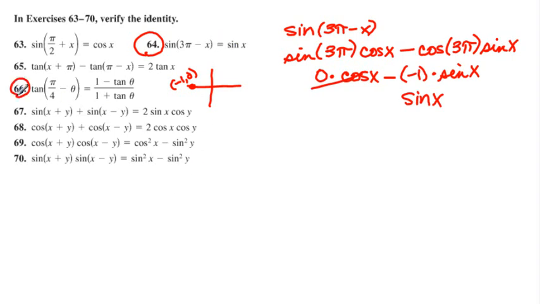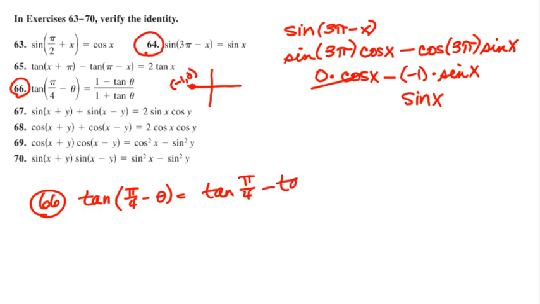Working with number 66, we have to use the expansion for the difference of a tangent. Tangent of pi over 4 minus theta would become tangent of pi over 4 minus tangent of theta divided by what? 1 minus, I'm sorry, that's opposite sign there, 1 plus tangent of pi over 4 times tangent of theta.